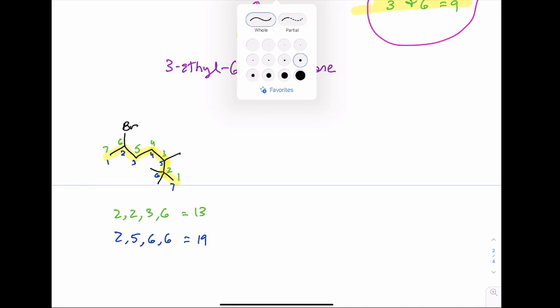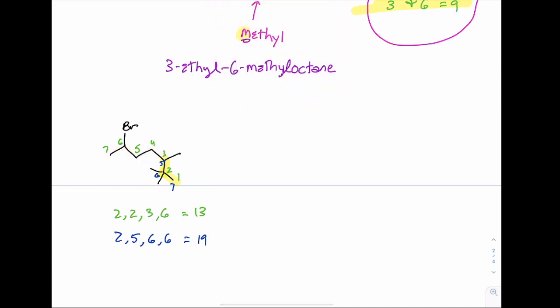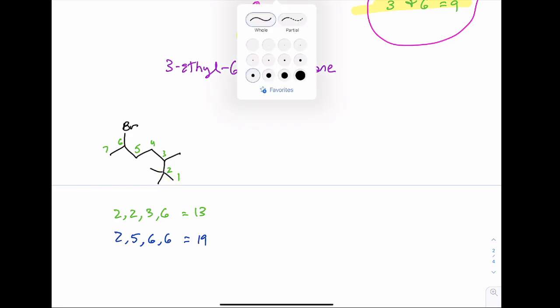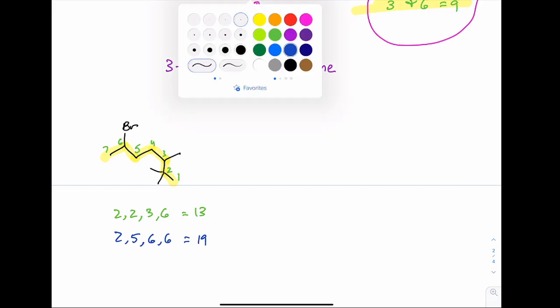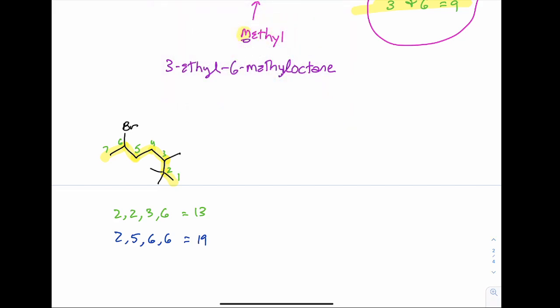So let's get rid of our blue numbers here. Oh, highlighter. So this one, when I put the name together, I have on carbon 6, I have a bromo.